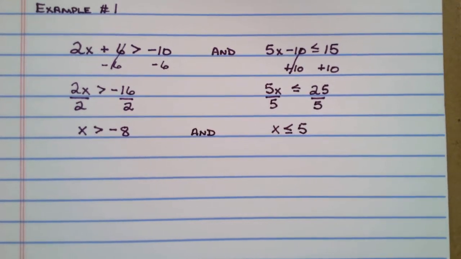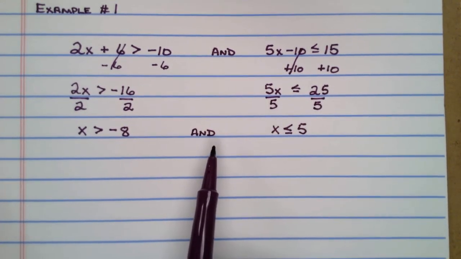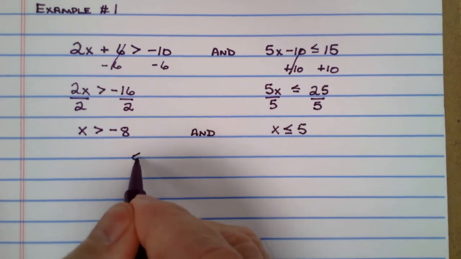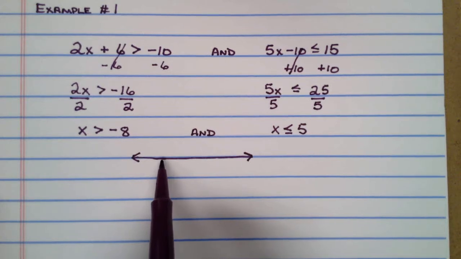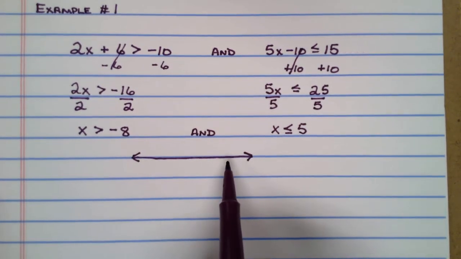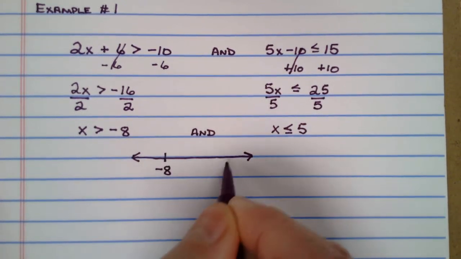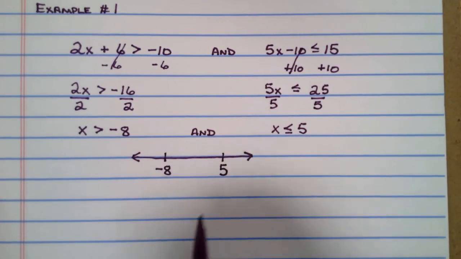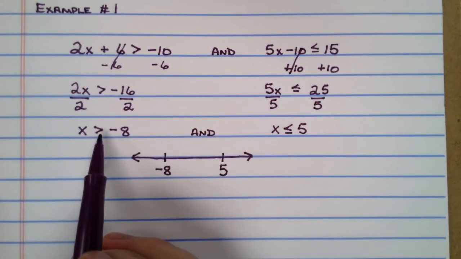I need to graph this inequality. AND problems are usually shaded in the middle. I draw my graph. I make sure I put the smaller number over here on this side, larger number over here on this side. That means negative 8 goes right here, positive 5 goes right here. I look at my symbols to see whether it's going to be an open or closed circle.